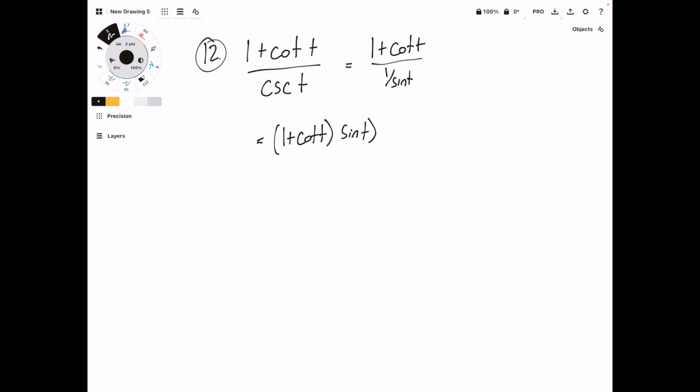We're going to distribute the sine, so we're going to have sine t plus, and I'm actually going to break apart cotangent into cosine t over sine t, times sine t. So this part here is the cotangent. Then we're going to cancel out these sines, and our final answer is sine t plus cosine t.